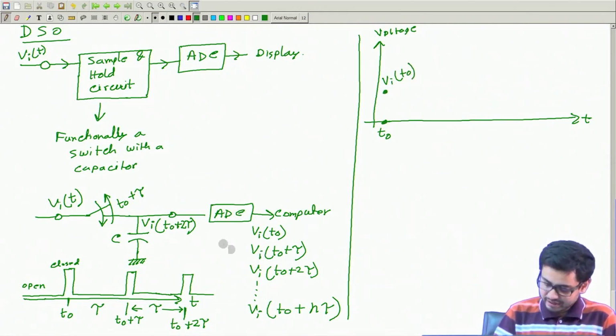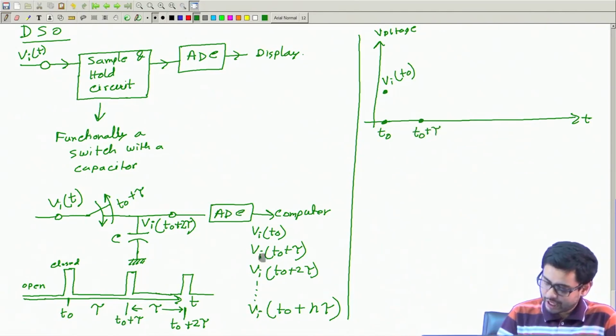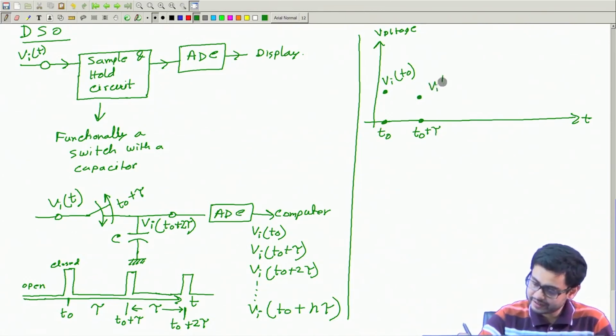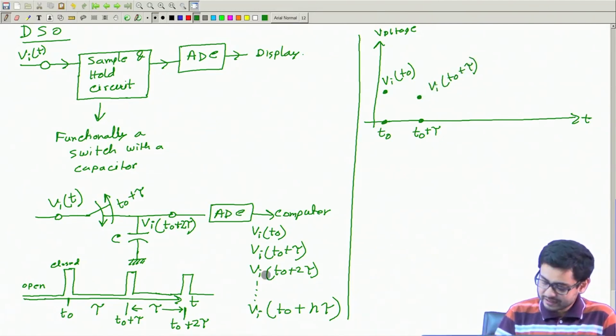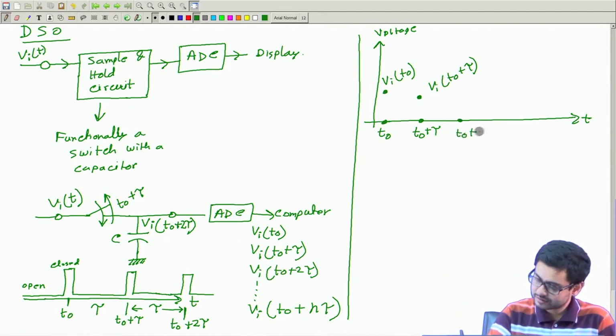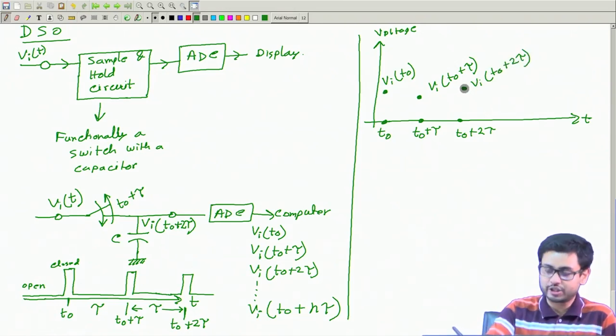After that, the ADC told the computer the value of the voltage at the moment t naught plus tau, so at that moment the value Vi(t naught plus tau) will be displayed here. Similarly, at t naught plus 2 tau, some other value, Vi(t naught plus 2 tau), will be plotted as a dot.